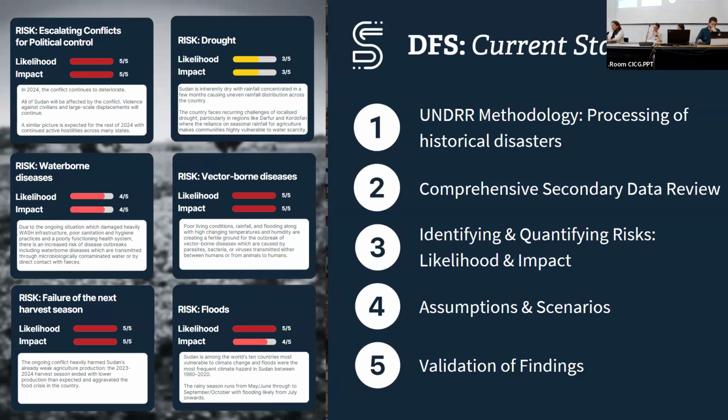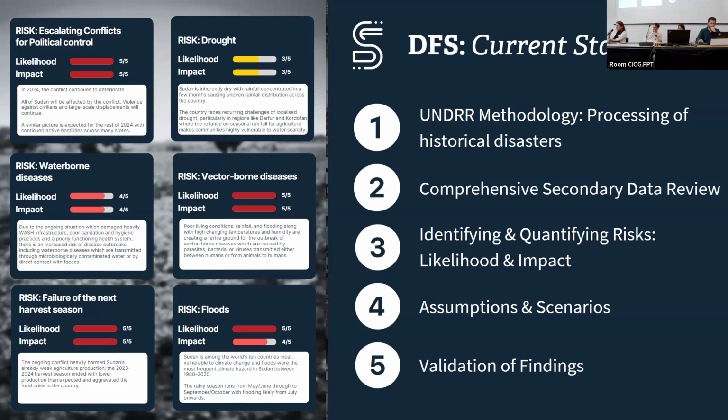Moving on, once we have this list of risks, what do we do? Well, we have to draw the assumptions and scenarios. For assumptions, we have to know where these risks could be occurring, in which time frame, which population groups would be most likely to be vulnerable and affected, and what the impacts would be.